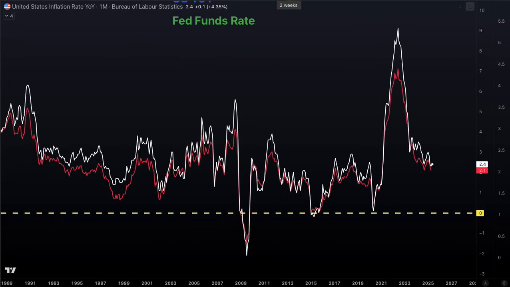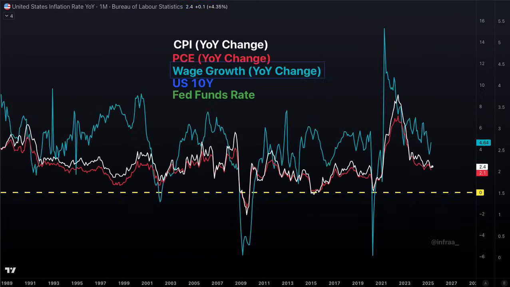Here, I want to show wage growth as well. So remember, when you hear on the nightly news someone like Lawrence Summers talk about inflation, they see wage growth, your wages, as a negative. So just remember that. Wage growth, as you can hopefully see, is very tightly correlated to inflation, at least directionally.